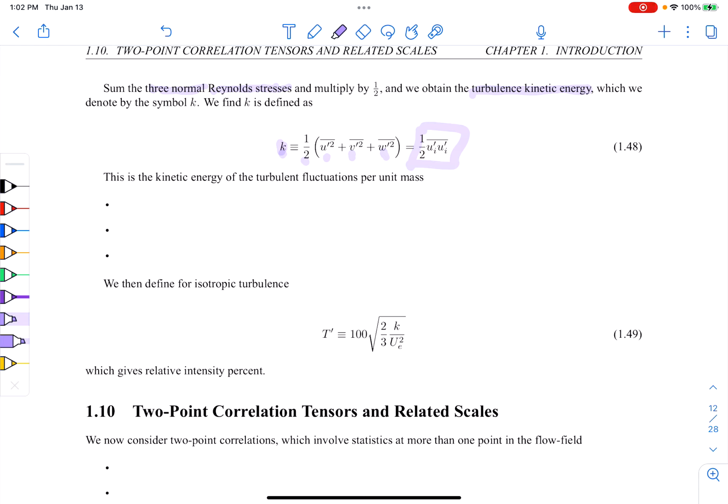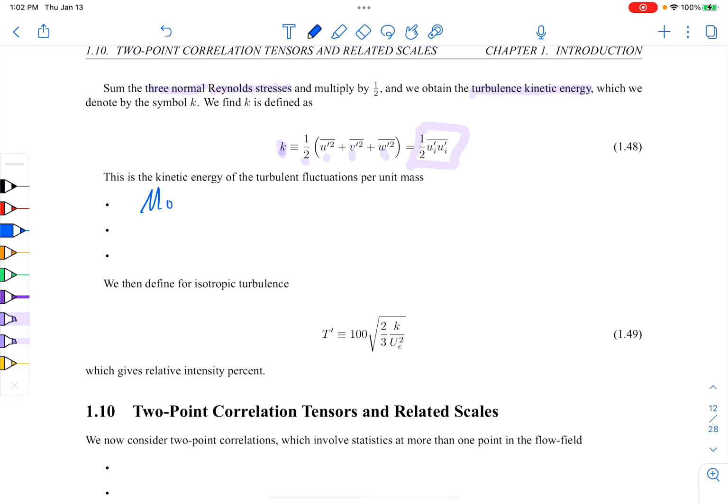So it's also on a per unit mass basis. So it's consistent with a lot of the Navier-Stokes analysis. And you'll see that, unfortunately, if you do make this approximation, you really have no idea in a turbulence model about the different ratios of the components of the Reynolds stress tensor.